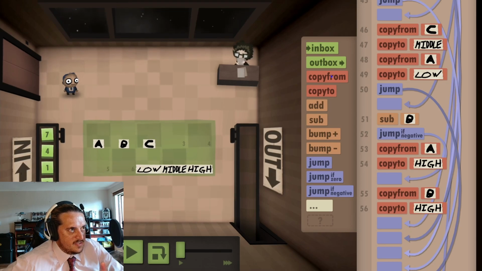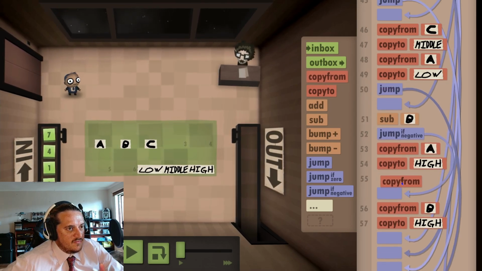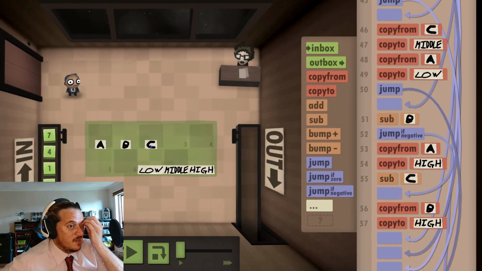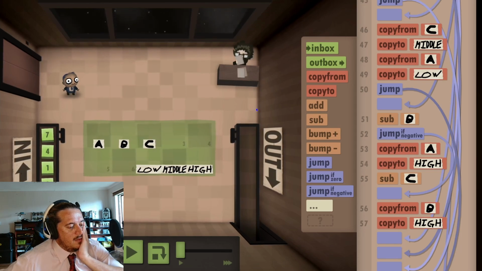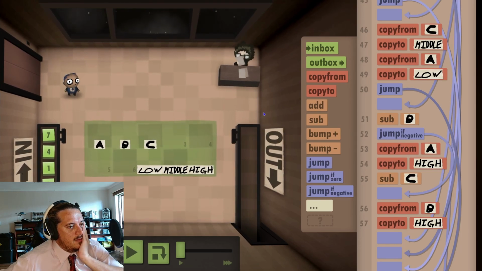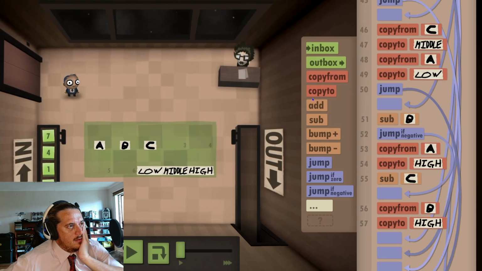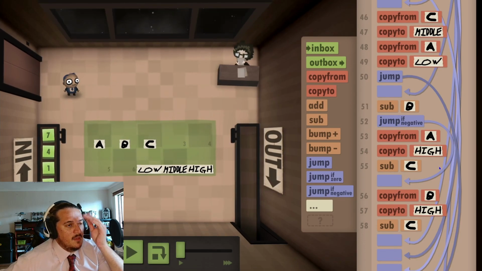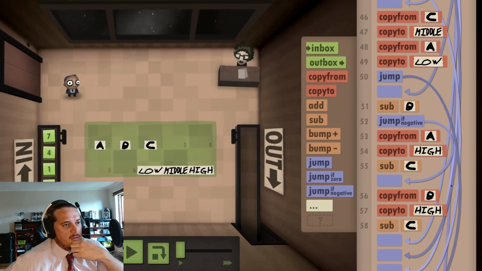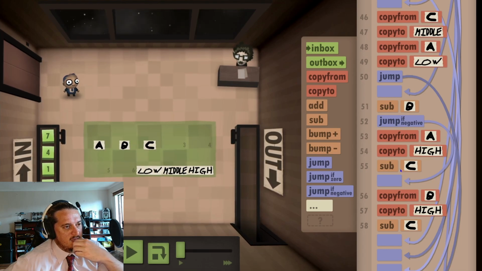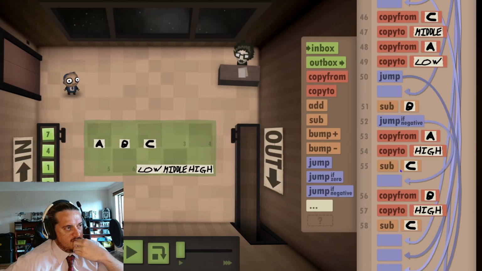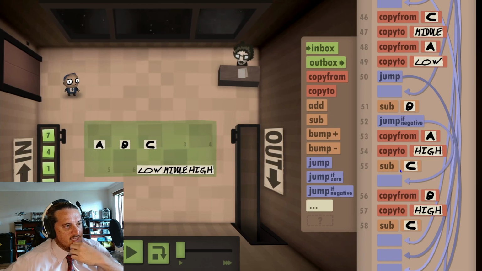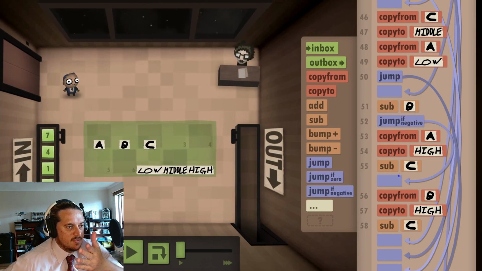Then we need to do a test. If A is bigger than C, in both cases I want to do a test if A is bigger than C. So if A minus C is positive, then it means that C is negative, a negative number as well.